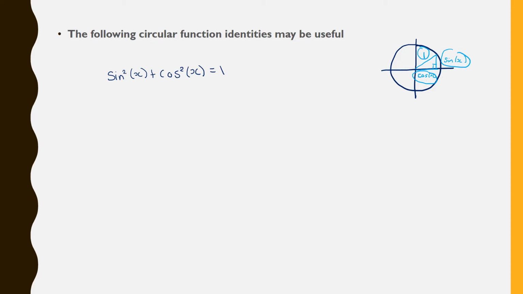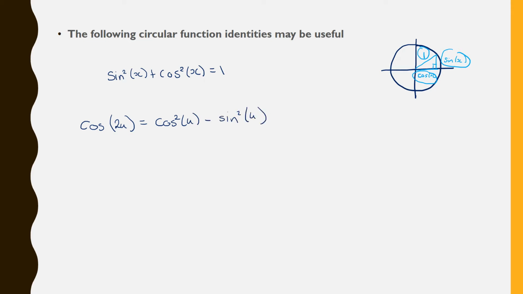Some other useful identities are called the double angle formulas. These are much more common in specialist maths, and it's really unlikely that you would need them in methods, so I don't want to spend much time, but I do just want you to write them down and have a list there in a just-in-case type of situation. So the cos double angle formula says that cos of 2u, twice the size of the angle, is the same as cos squared u minus sine squared u.